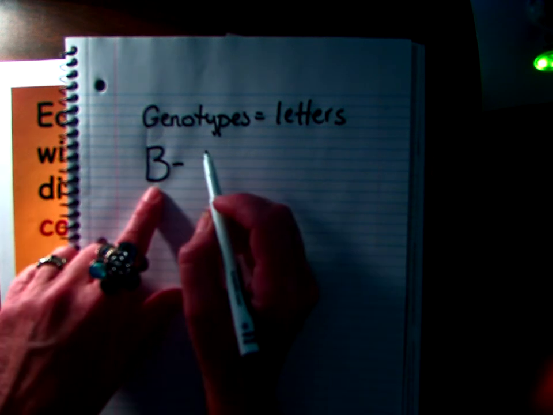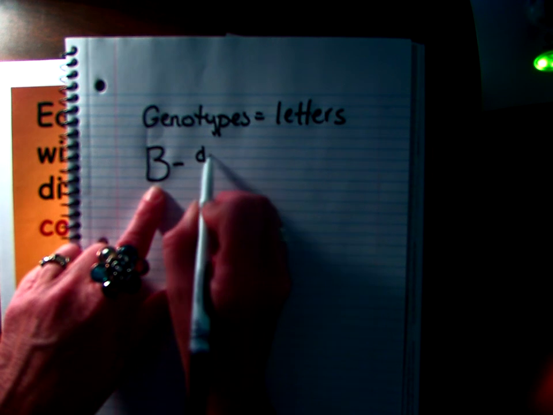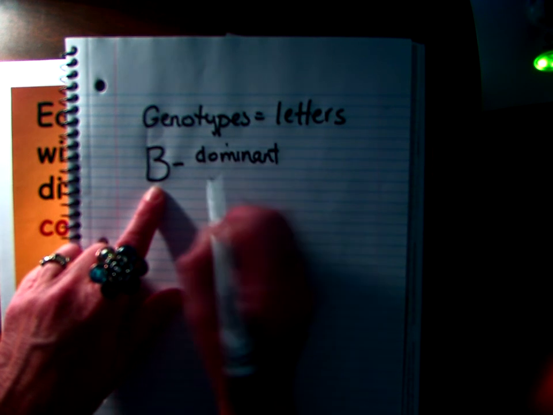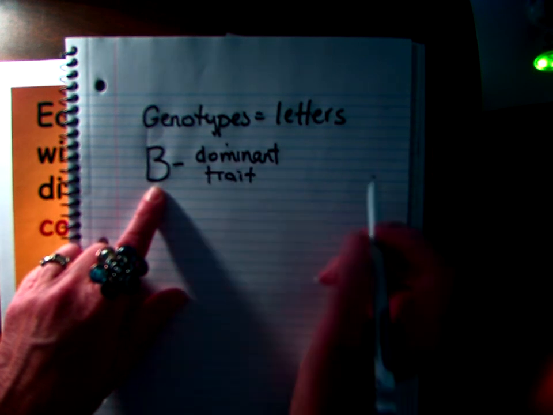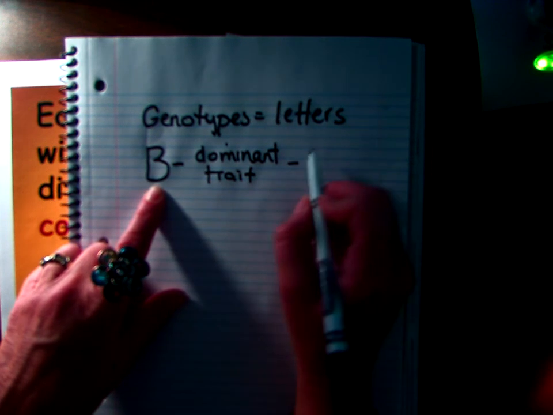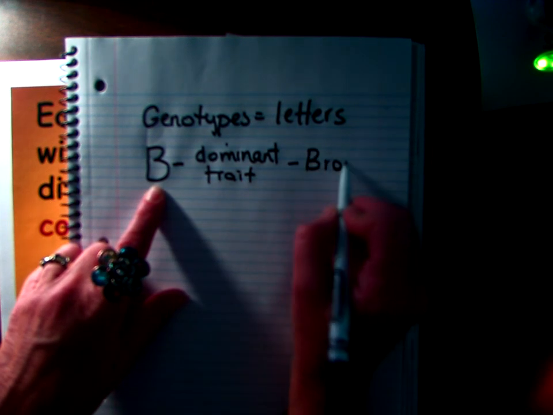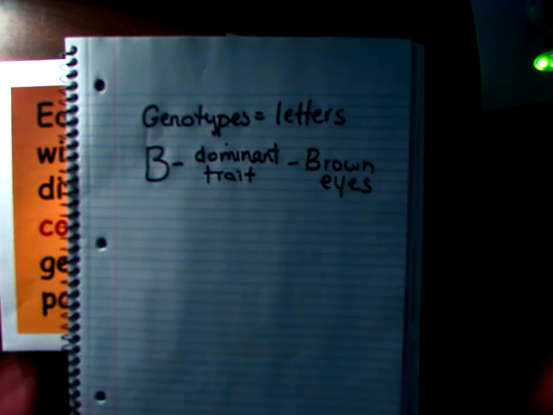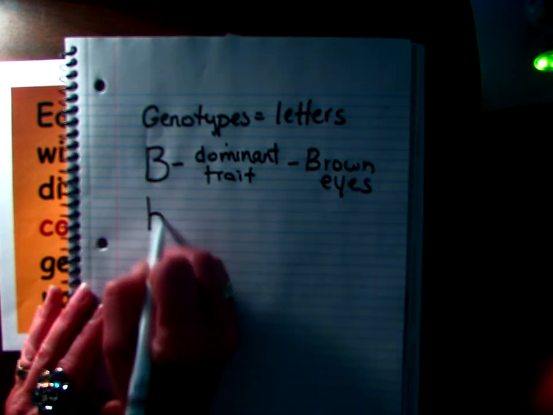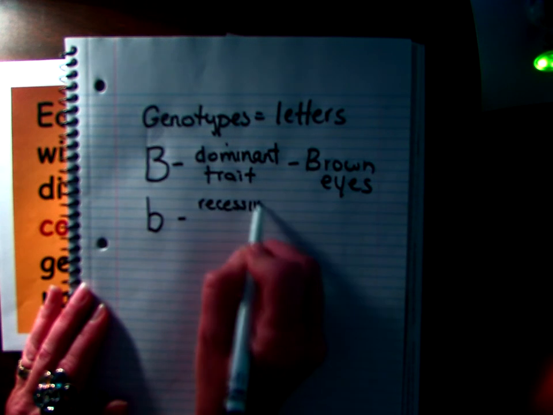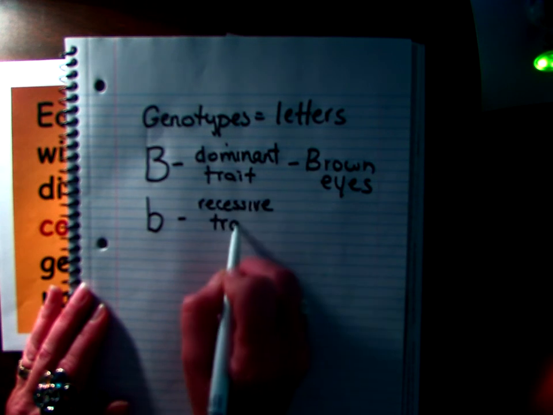Big B is going to represent the dominant trait. And remember, dominant means it's the strong form of the gene. It is going to represent brown eyes, since brown eyes are most common. Then we're going to use a little b to represent our recessive trait, or the weaker form of the gene.